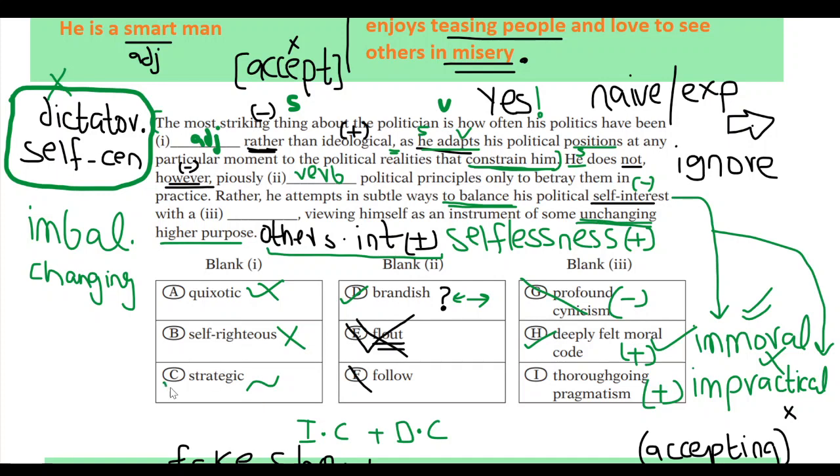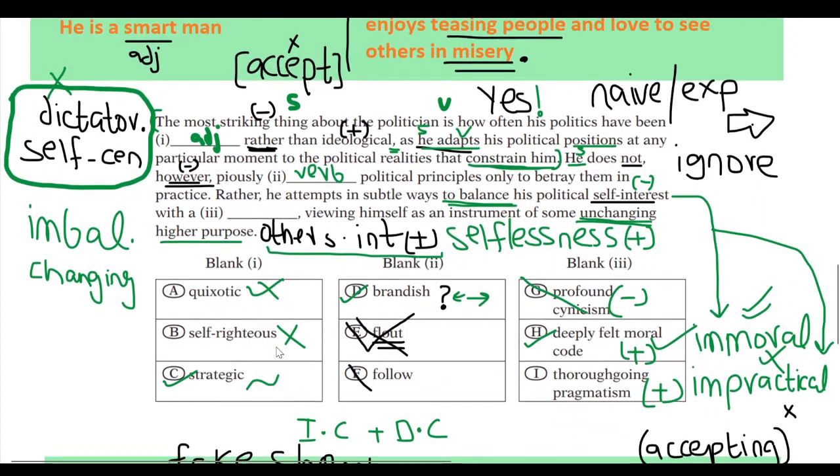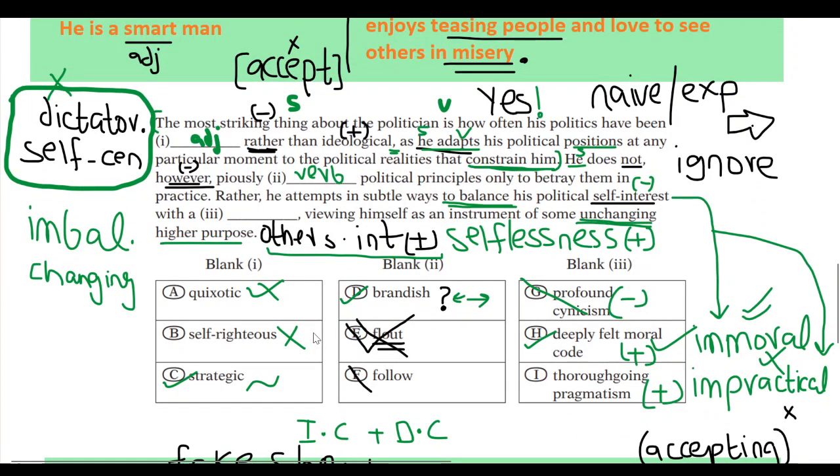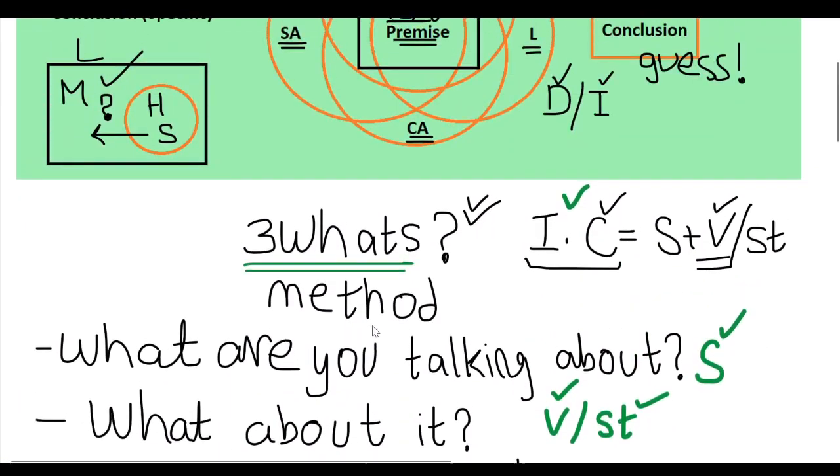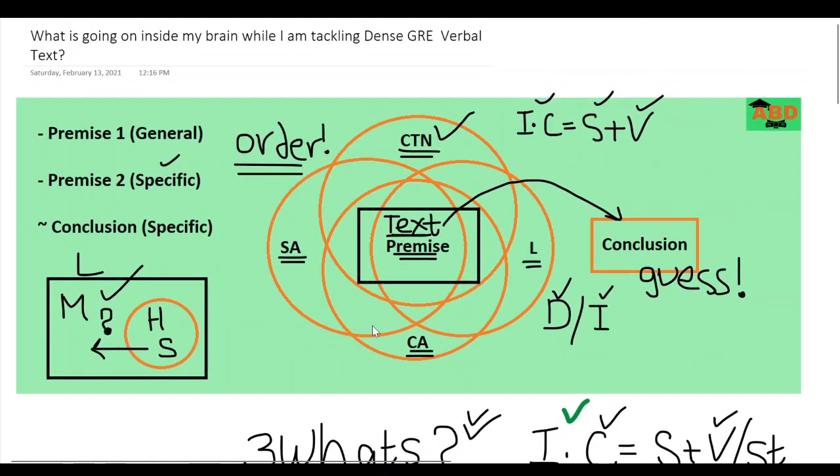So, guys, I think we're pretty much done over here. And I think you have got the point of how structural analysis, contextual analysis, the canceling the noise method, and using sound logic can be used to decipher the text and come up with your premise in order to come up with a solid argument for your conclusion, for your guess.